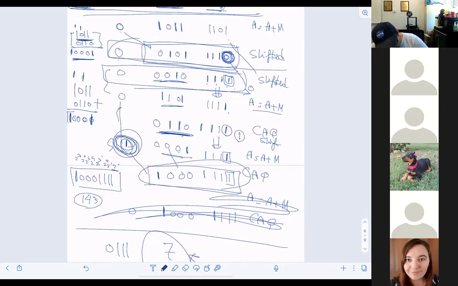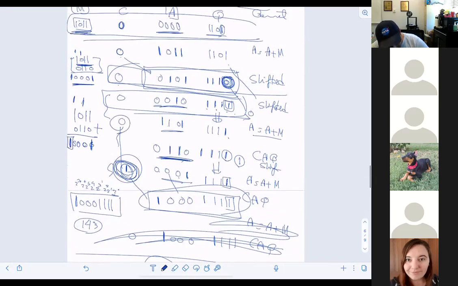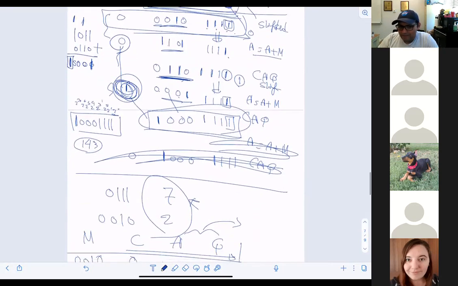Then the carry is no more 0, it's going to be 1. From now on you push with 1, because I changed the carry itself. It's a fixed thing.